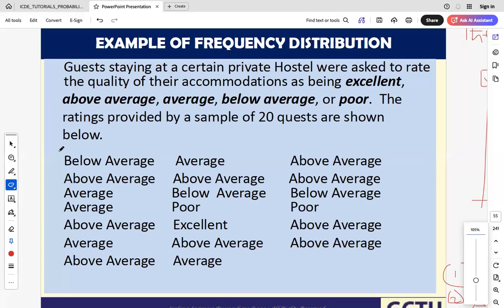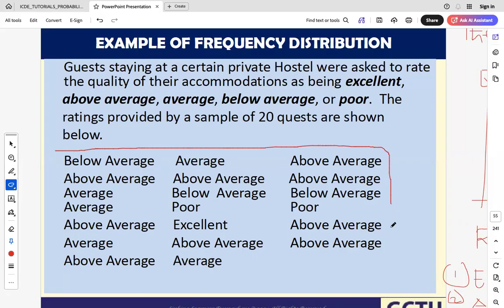So this is an example. And all this stuff you are seeing here, starting from this end to this end, this can be classified as raw data. Raw data.